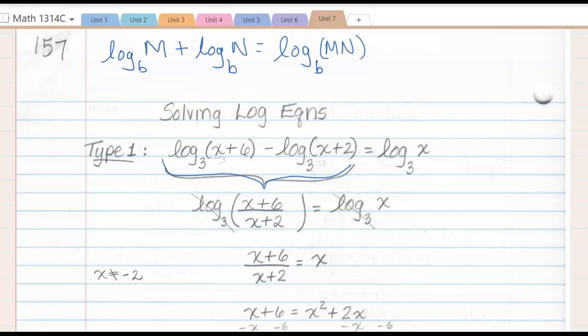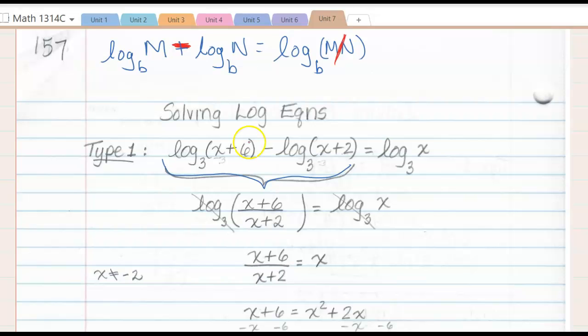And this was also true if we were subtracting. If we had a subtraction, then we would divide our two expressions. So the log base b of m minus the log base b of n would equal the log base b of m over n.